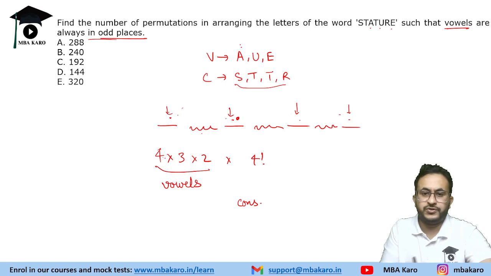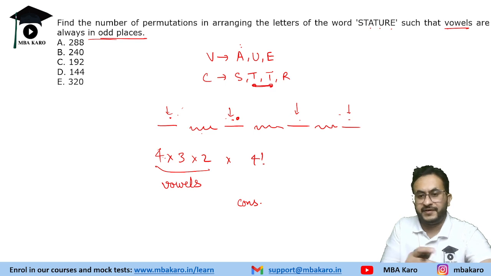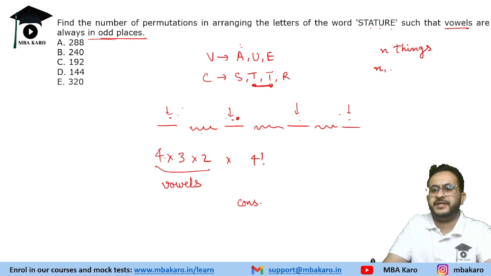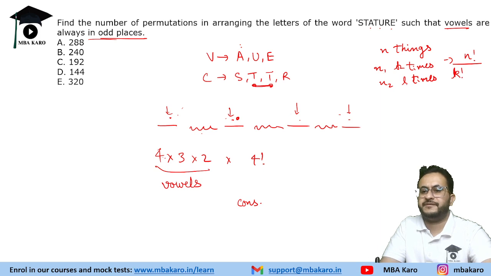Now in the consonants, T is repeating. T is coming twice. So whenever we have n things, and let us say n1 repeats k times, n2 repeats l times, the number of arrangements will be n factorial divided by k factorial, l factorial, and so on.